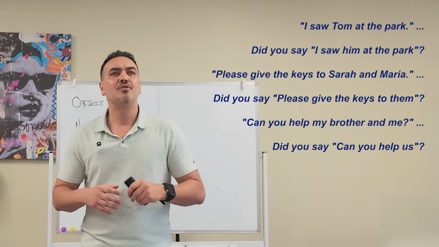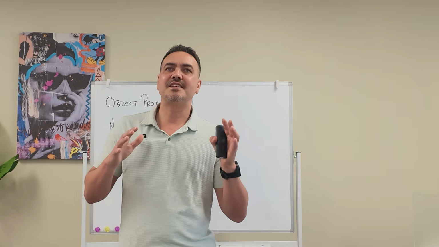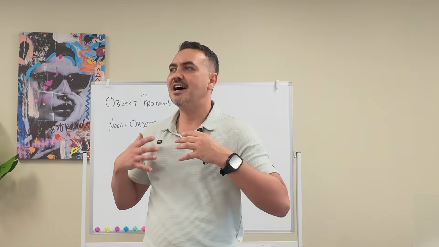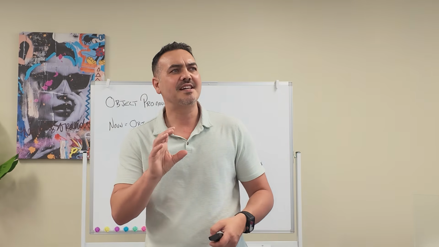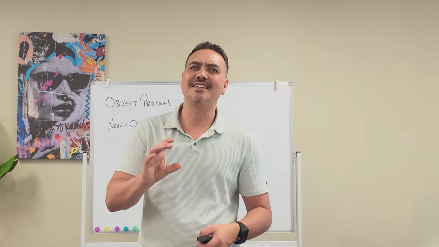Remember, the last time we said subject pronouns are like understudies. They take the main actor's place right before the verb. But object pronouns are different. Think of them as the target. The subject does the action and lands on the subject, like an arrow hitting a target, okay?